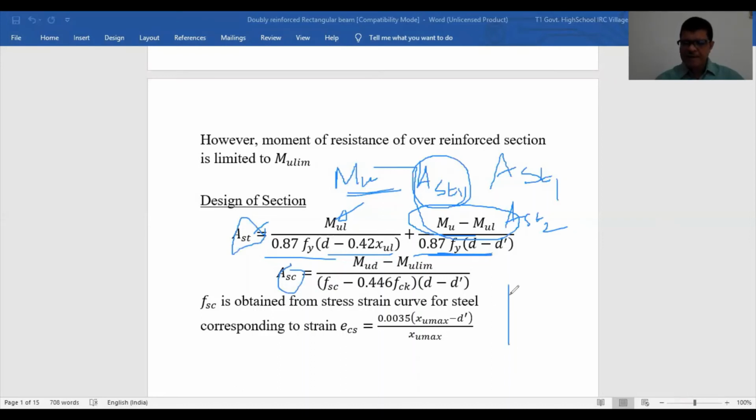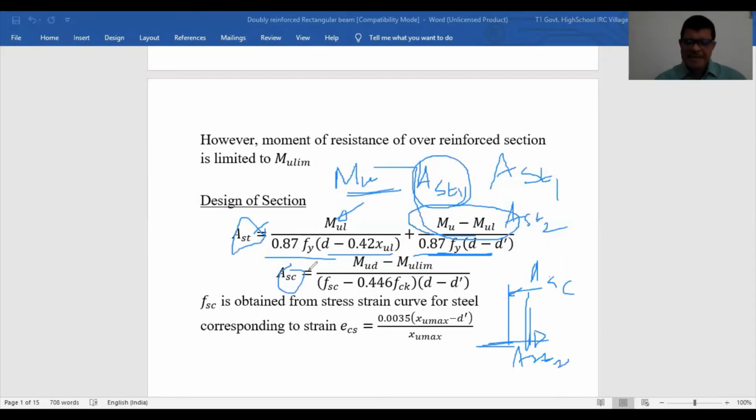Because you are providing some steel in compression here and some steel in tension here. This is AST2 and this is your ASC; they have some relationship. Now the moment is MU minus MU limiting, the stress in the steel in tension is 0.87 Fy, and the lever arm is d minus d dash. By dividing, you will find the value of AST2.